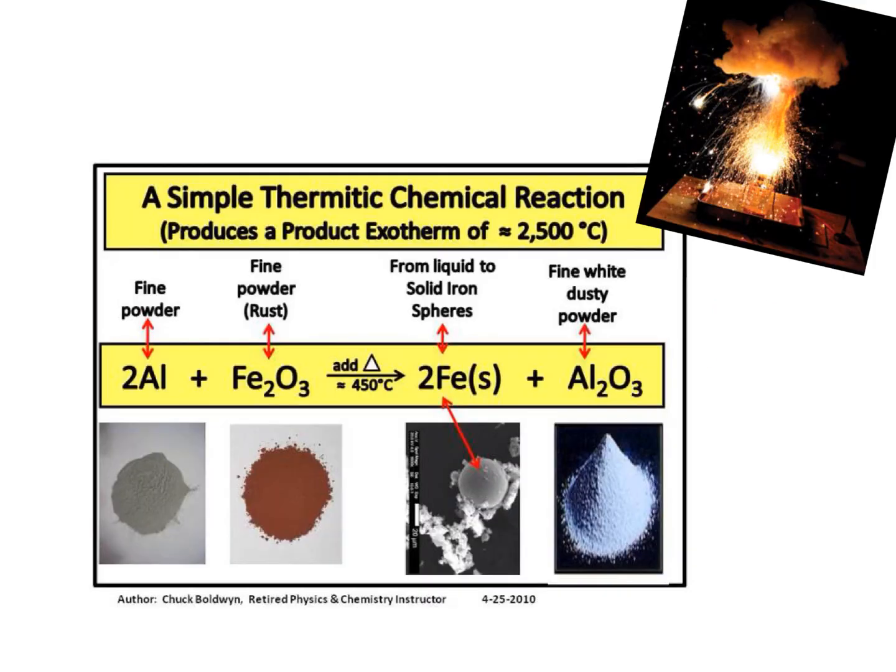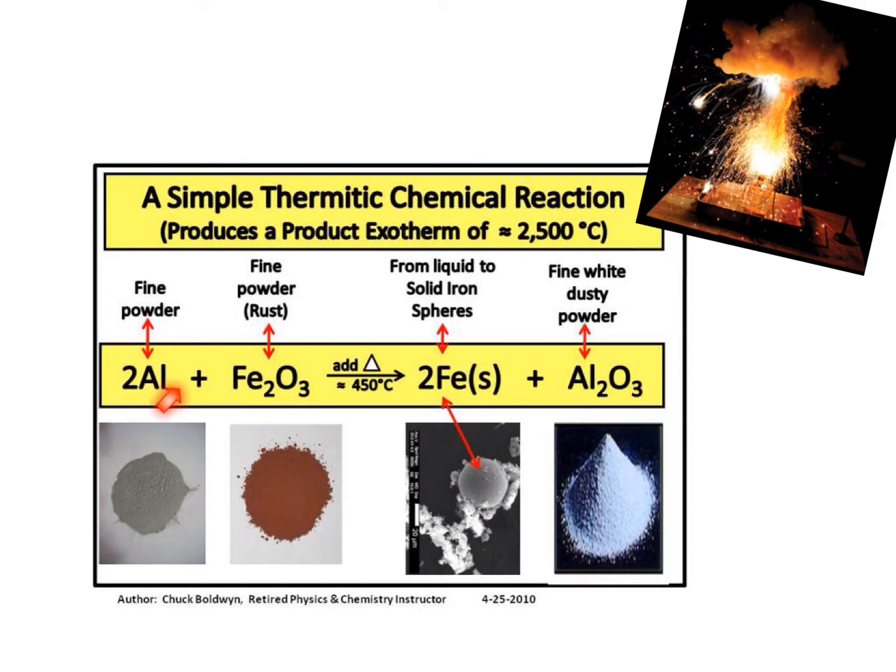At the beginning of the video, I mentioned the thermite reaction as being an example of an exothermic reaction, and it is extremely exothermic in that it produces heat of somewhere around 2,500 degrees Celsius. And this is also an example of a single displacement reaction, which is a redox process, which we learned about in the previous chapter.